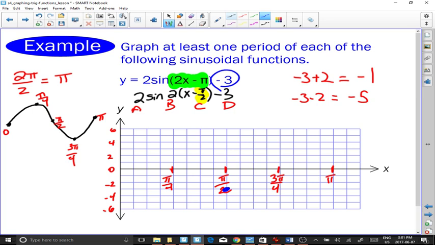After the beginning point, we go to the maximum. And the maximum would have occurred at pi over 4. And according to what we have over here, the maximum value is -1. So the maximum value would live right where my marker is pointing right now.